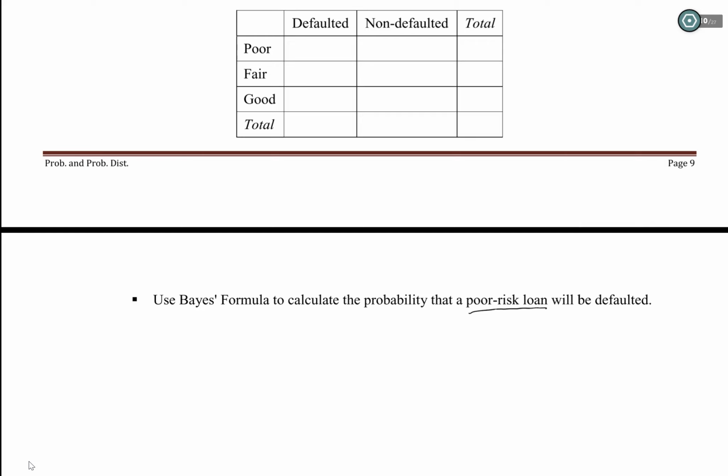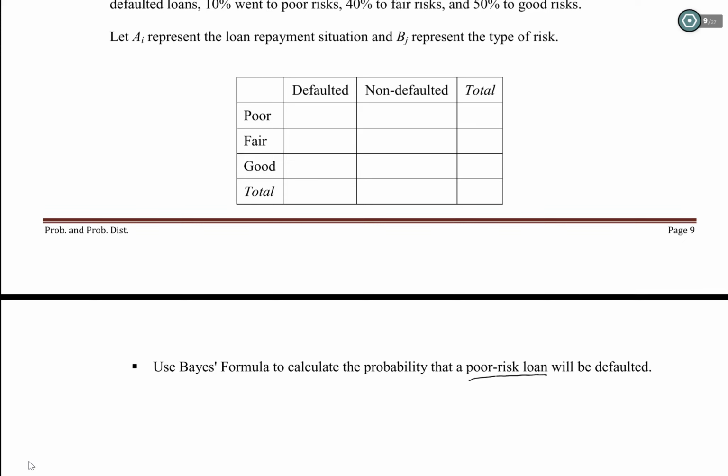The bankers are interested in this before they start handing out money. Also, they would like to know what's the probability that a good risk loan will be defaulted, or what's the probability that a poor risk loan will not be defaulted. These are some things that they would be interested in here.